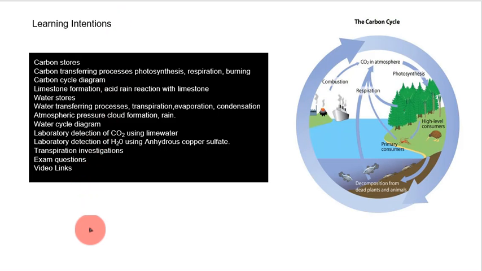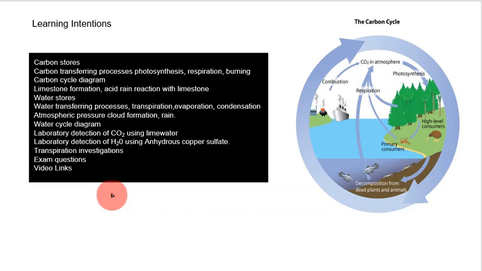So specifically what we're going to look at here are carbon stores, carbon transferring processes such as photosynthesis, respiration, burning, the carbon cycle diagram, limestone formation, acid rain reaction with limestone, and water stores. We're going to look at water transferring processes such as transpiration, evaporation, condensation, atmospheric pressure, cloud formation, rain, the water cycle diagram.